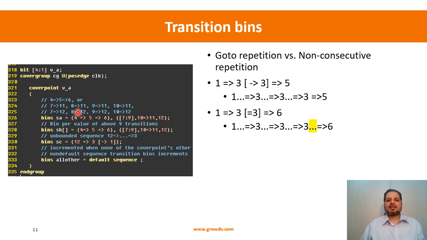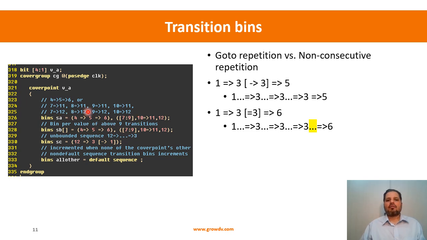So this translates to: the first one will be 4, 5, 6, and then it will look at 7 to 11, 8 to 11, 9 to 11, and 10 to 11, right? Sorry, those are 4 values.